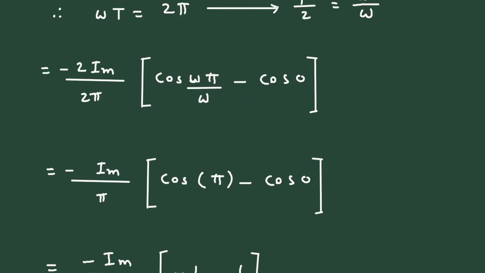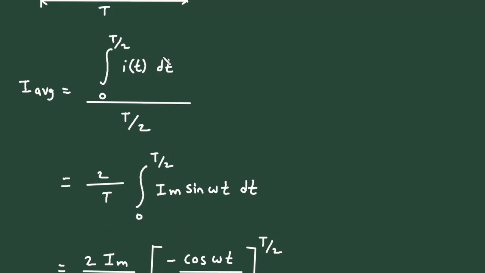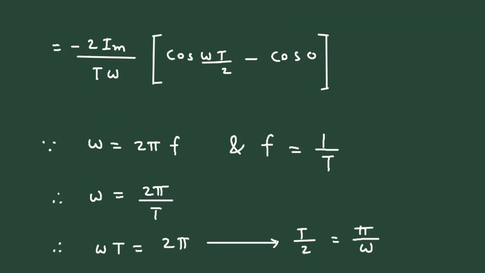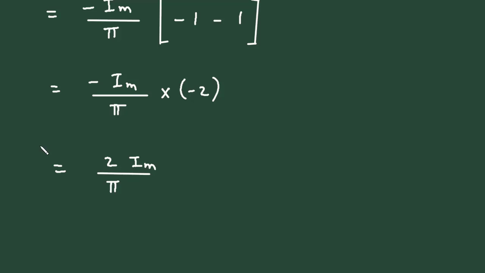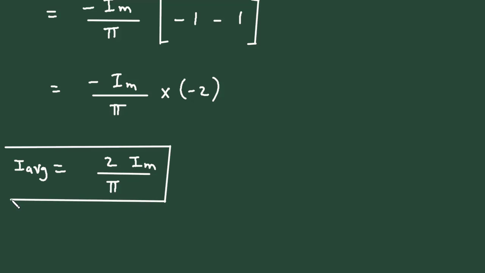So this is the value for I average. This is called the average value or mean value. So again, if we simplify this, I average is equal to 2 by pi.